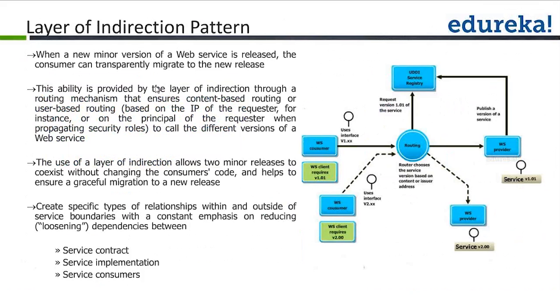Now there is a router in between which is taking care: okay, this request is coming from a version 1.0 client, so I should redirect this client to the version 1.0 service, and similarly for the other case. So this is some additional functionality happening at the provider end.